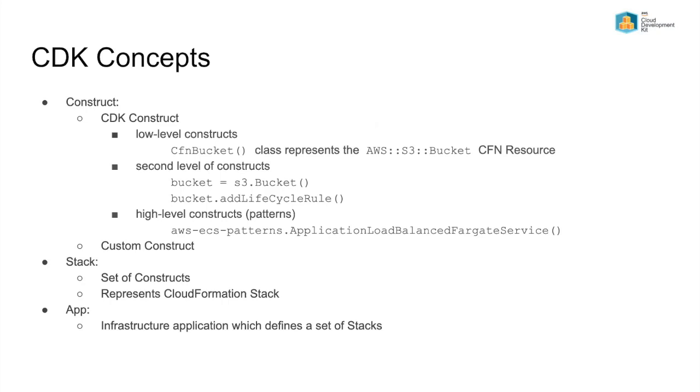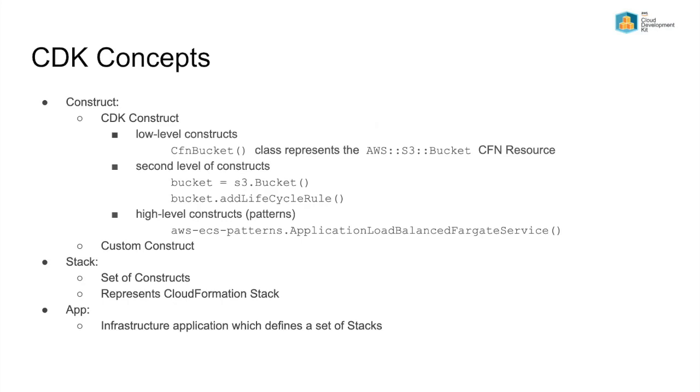Inside the CDK constructs, there are 3 levels of constructs. There are the low-level constructs that always start with CFN, which stands for CloudFormation. So when the class starts with CFN, it means that it's a class that represents a CloudFormation resource.